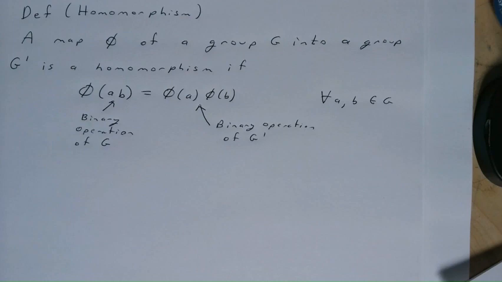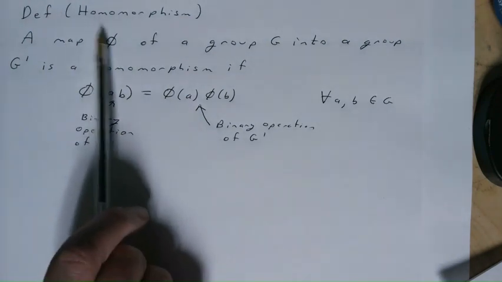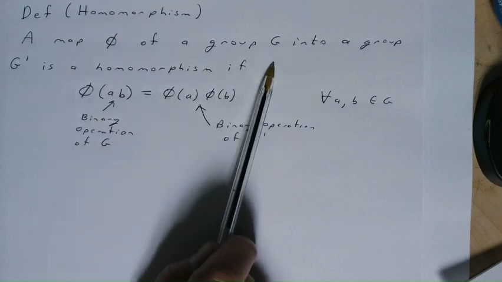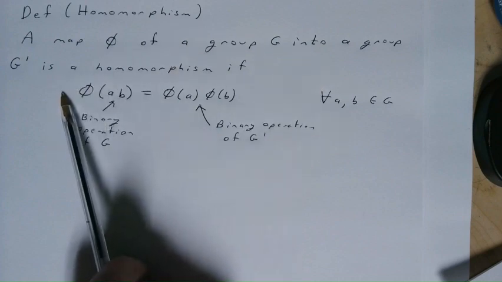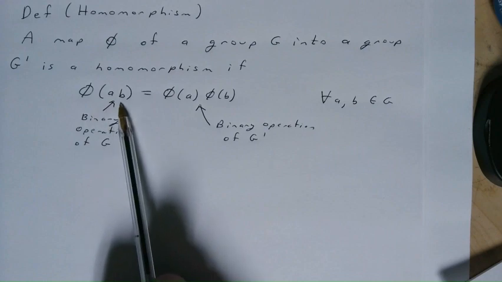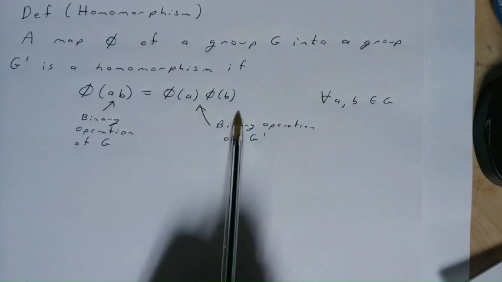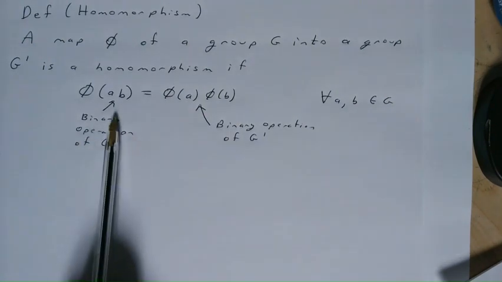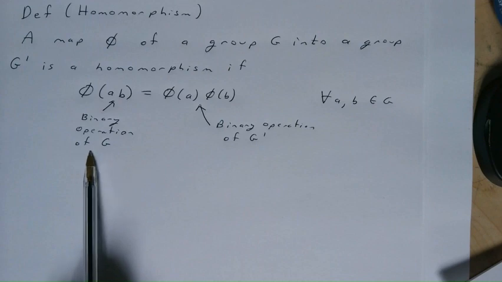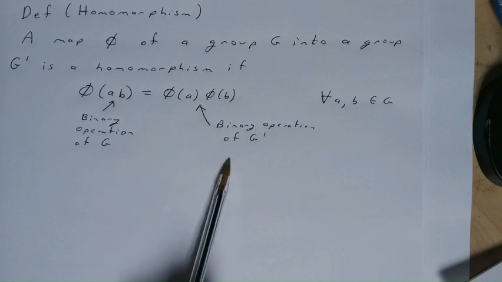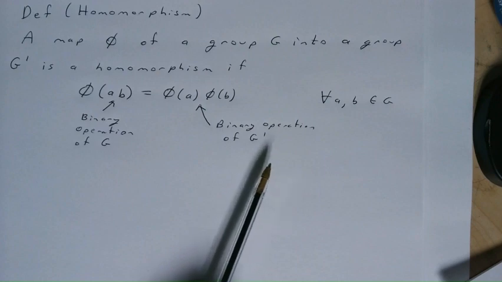So again, we're going to start with this definition of a homomorphism. A map phi of a group G into a group G prime is a homomorphism if phi of AB is equal to phi of A, phi of B, where here the binary operation is the binary operation of group G, and over here the binary operation is the binary operation of group G prime.